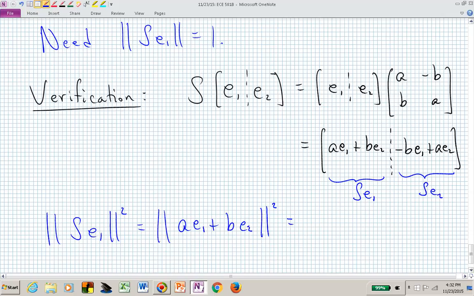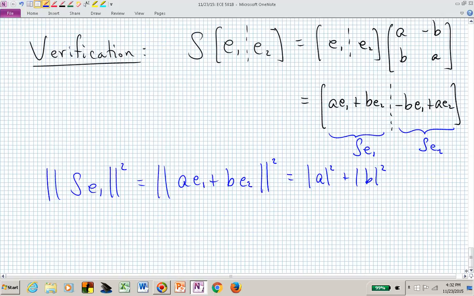Here we only have two orthonormal vectors, so this should be equal to the absolute value of A squared plus the absolute value of B squared. But A and B are actually real in this real inner product space. So that means that this is really just A squared plus B squared.